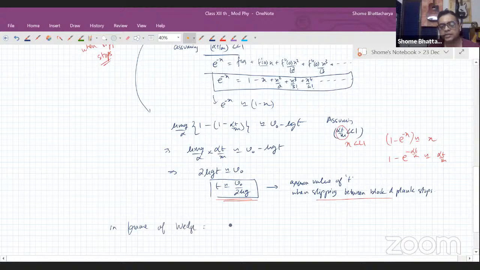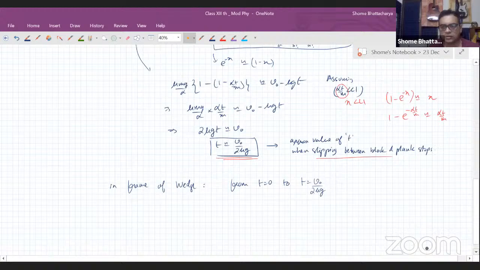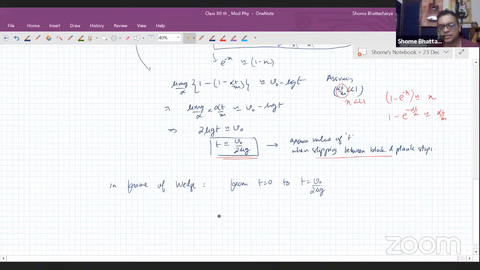So in the frame of the wedge, what was happening is that from t equal to 0 to t equal to v naught by 2 mu g, what is the relative acceleration? Acceleration of the block with respect to the wedge, that is A1 plus A2.